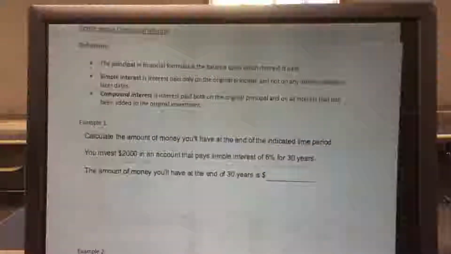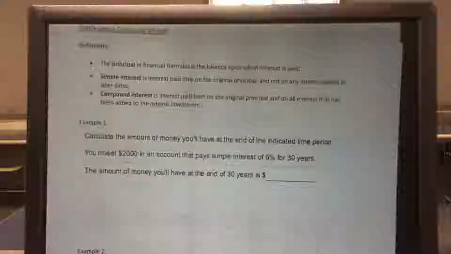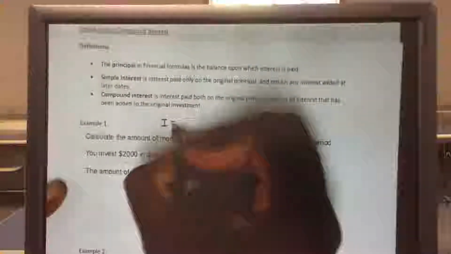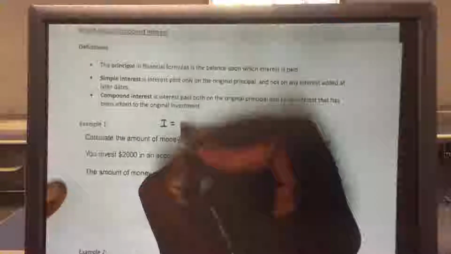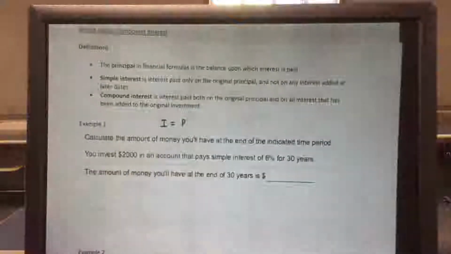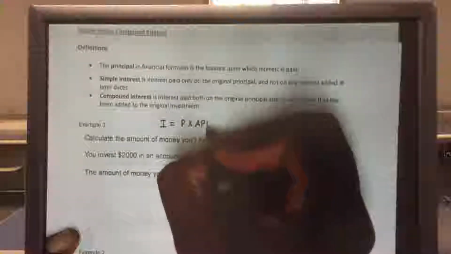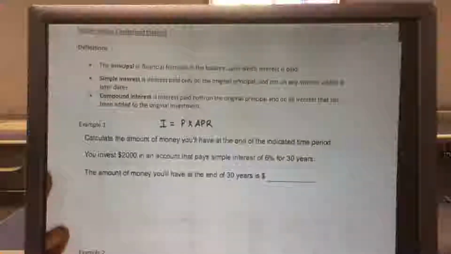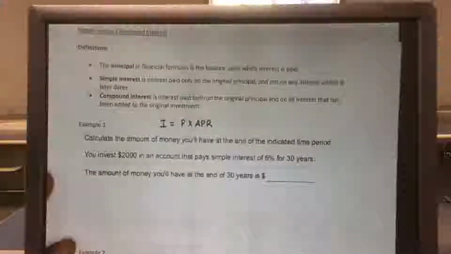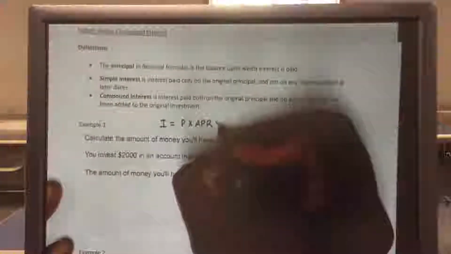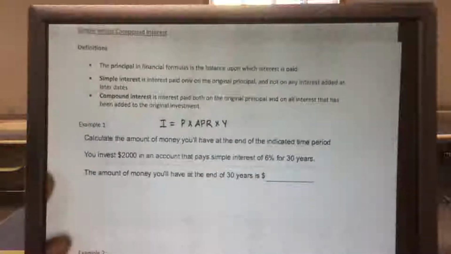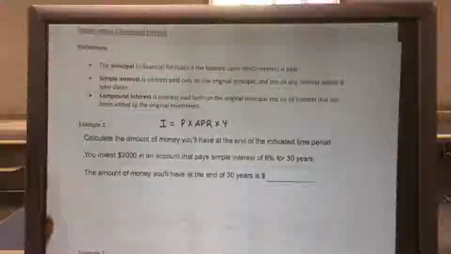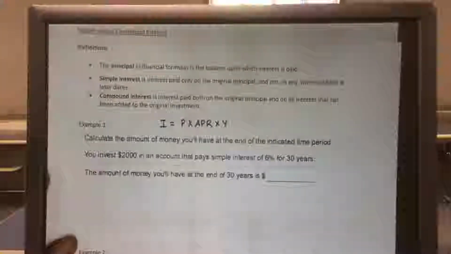So in this case here, if we want to find the interest, we're going to use this: I is equal to P, which is the principal, multiplied by your APR. That's going to be the annual percentage rate, times Y. That's going to be the number of years.